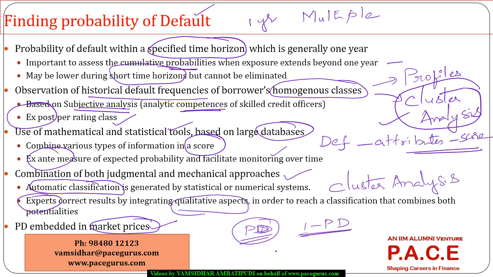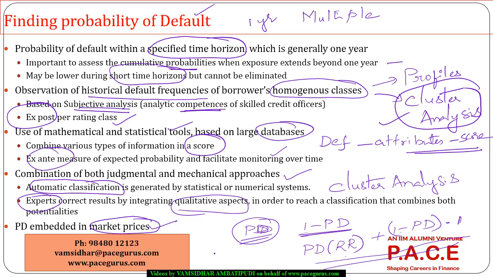So at the end of one period, there is a PD chance that there is a default, which means when there is a default, I am only going to get the recovery amount, whereas there is a 1 minus PD chance that I will get my full one. So obviously at the end of the period, the amount that I am getting is PD into recovery rate plus 1 minus PD into 1.